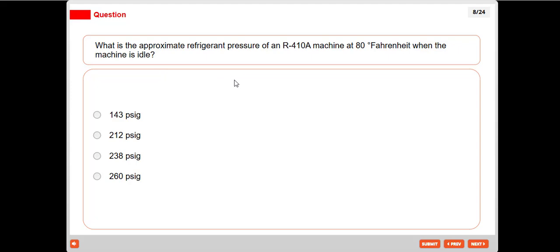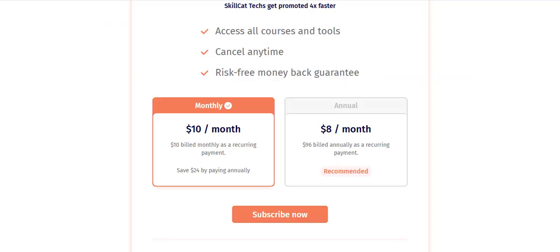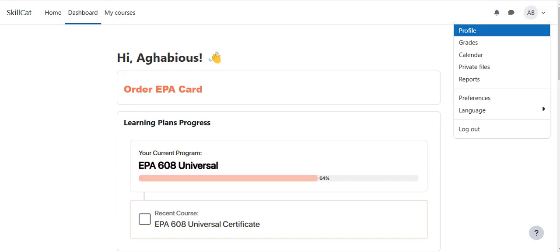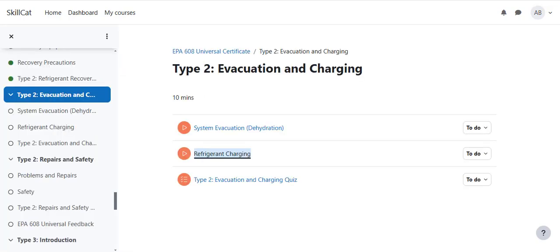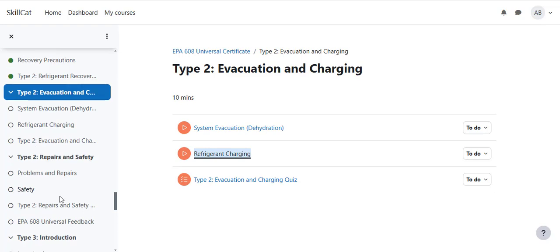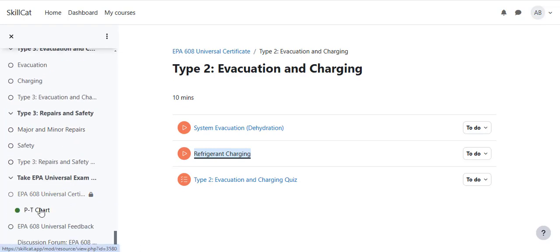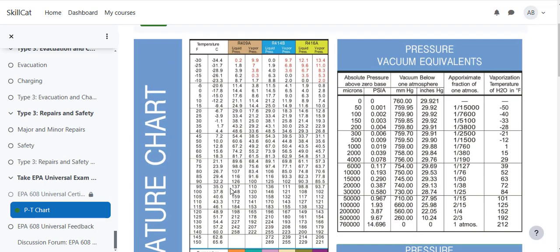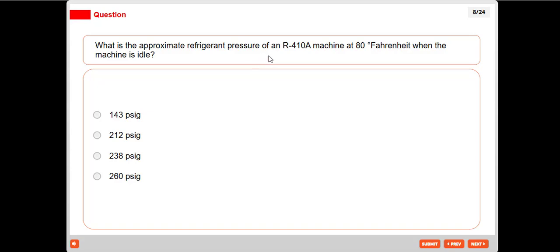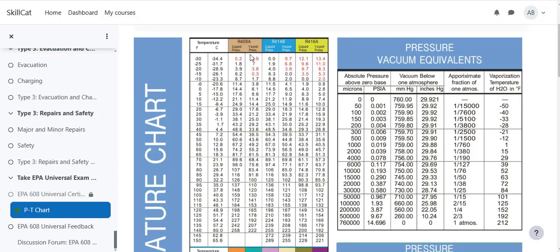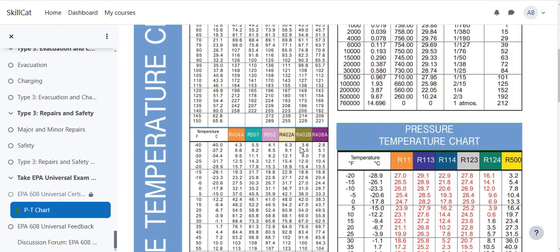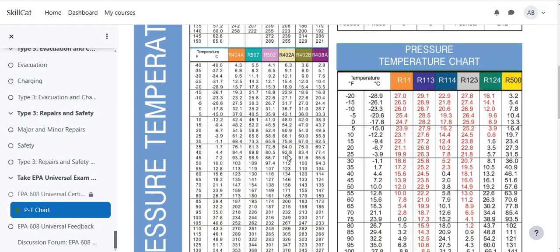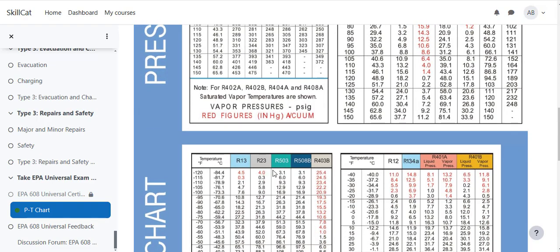Okay, we need to open the chart. Let's go here and open the chart. Okay, and we will check here for R410A.